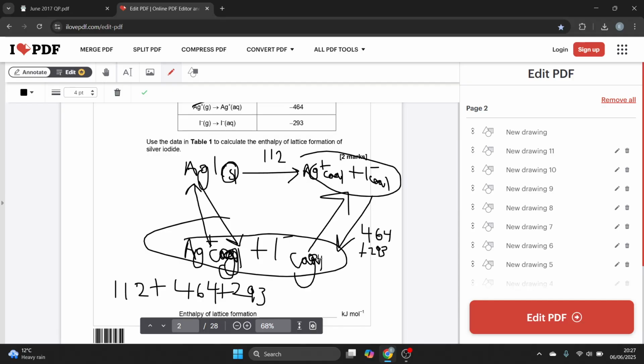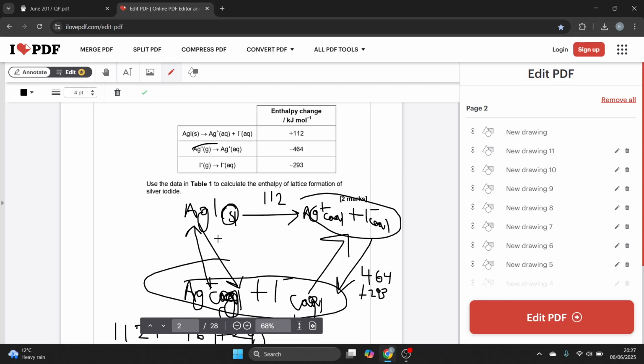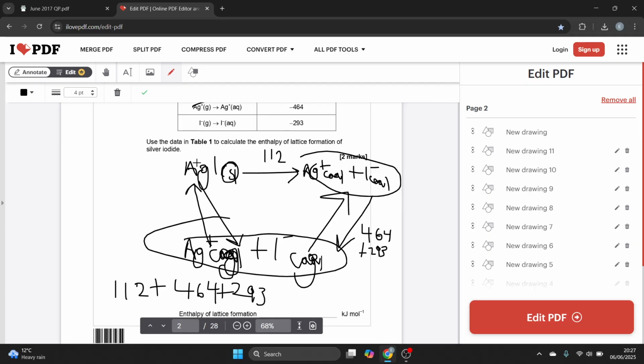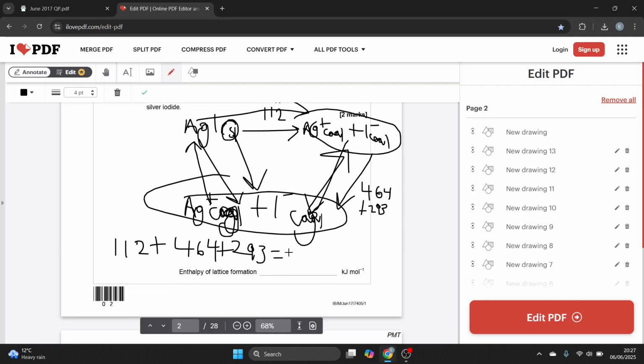but that would give me up to here, right? So that whole process, from here to here, is the same as going from here to here, so that equals x.